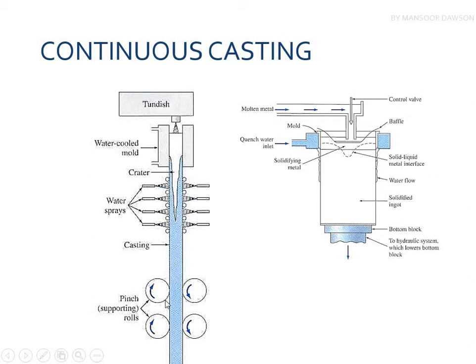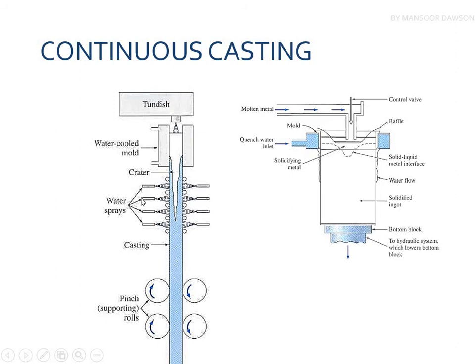There are rollers that support the cast part, so that it does not change its shape, because it is very soft at this time and still at a very high temperature.